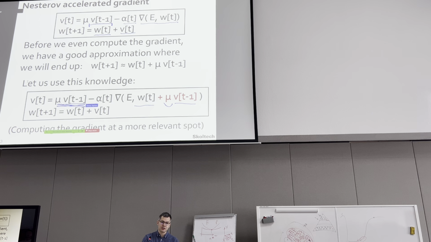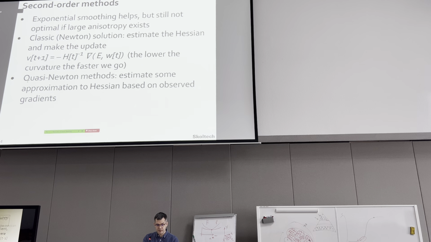So we expect that w_{t+1} will be close to this, and in this way we calculate the gradient at a better point. We can use this empirical procedure to somehow accelerate gradient descent. It is named after the person who invented it, Nesterov, a very famous optimization researcher who did a lot in this area before it became very popular for mathematics.